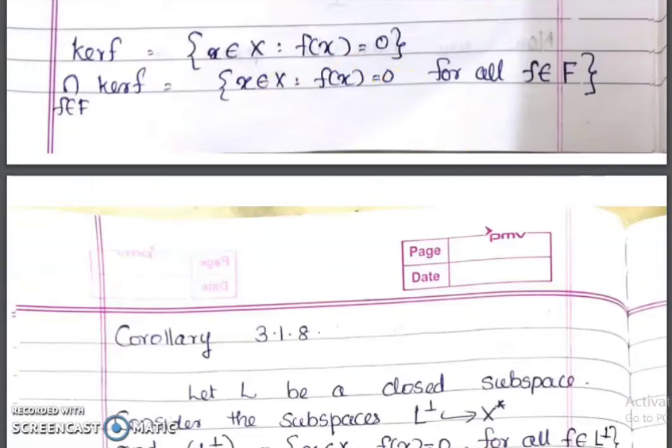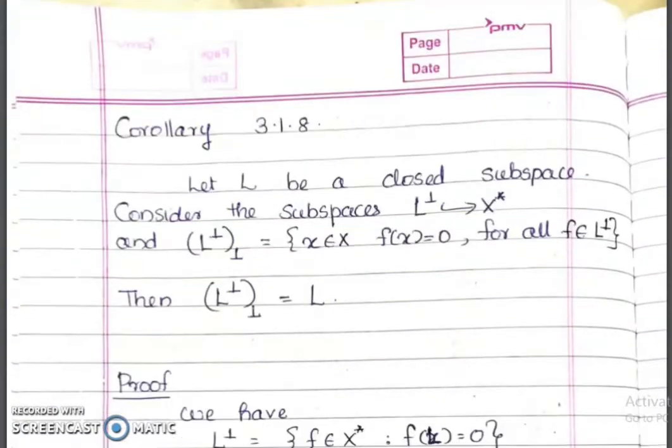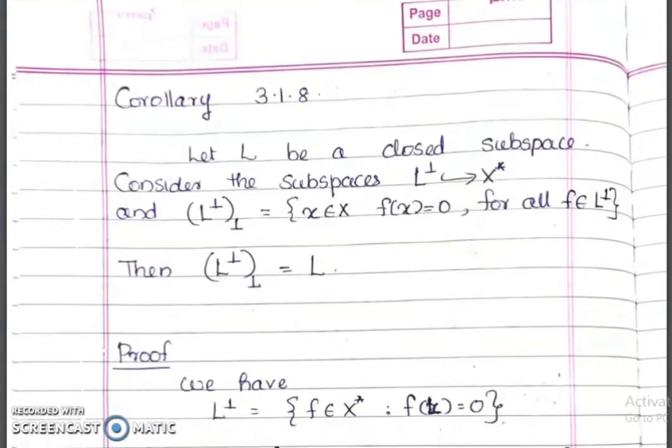Now we are going to prove one corollary, 3.1.8. Let L be a closed subspace. Then L perp, where perp is in the upper position and here in the lower position, L perp is equal to L. That is, the set of all x belongs to X, f(x) equal to 0 for all f belongs to L perp.